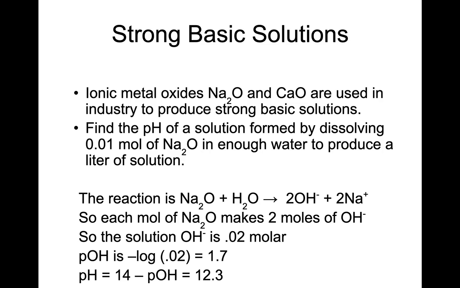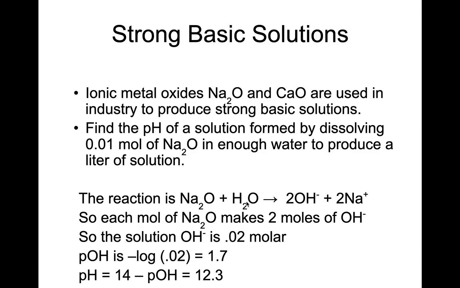So the concentration of hydroxide ions in this solution is 0.02 molar, 0.02 moles per liter. It is twice the concentration of the sodium oxide that went in, because every one of these that dissociates creates 2 hydroxide ions. So we've got twice the initial concentration of this compound. That's the hard step here.